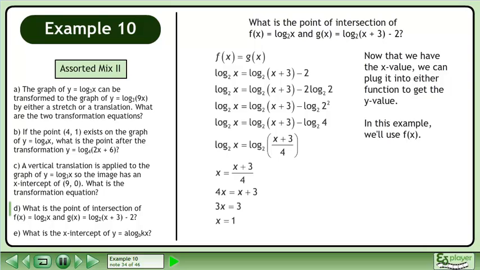Now that we have the x value, we can plug it into either function to get the y value. In this example, we'll use f of x. Rewrite f of x equals the base 2 logarithm of x. Now plug in x equals 1.